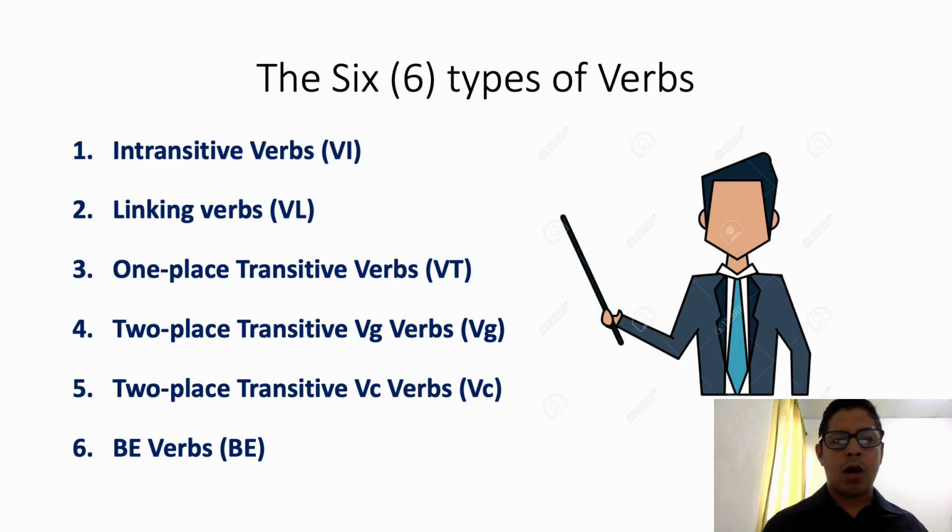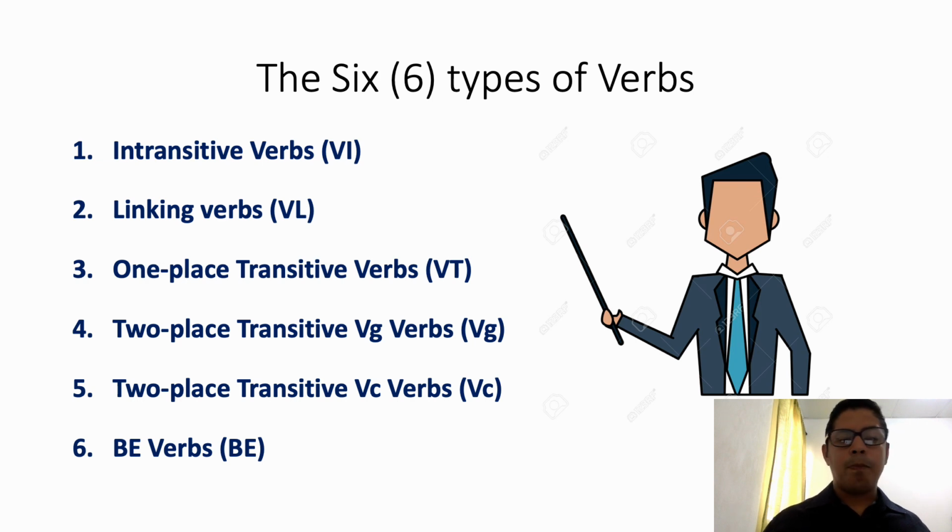As I said before, the types of verbs are these. So we can see that the first one is intransitive verb, and it will be represented by the letters VI. Number two is linking verbs, represented by the letters VL.